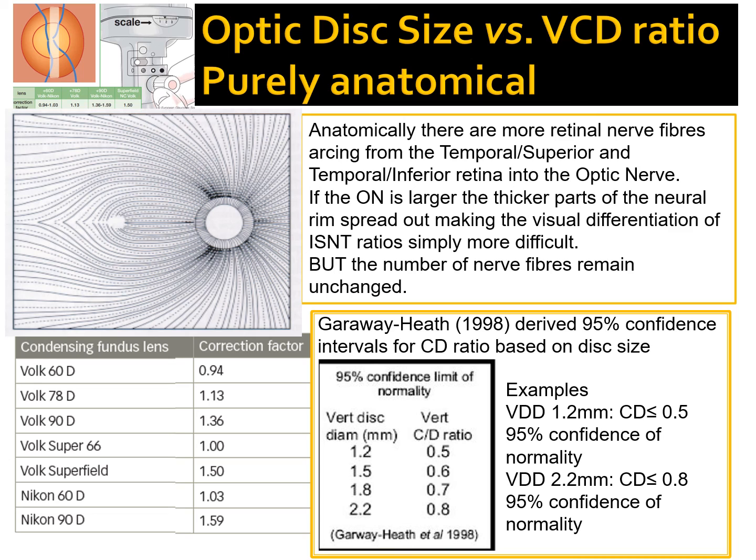But equally, if you measured a 2.2 millimeter disc, so long as the CD ratio was less than 0.8, it was 95% confident of normality. Now that's an academic process. I doubt very much anyone's going to look in the eye and start thinking about that ratio. As I'll come on to later, I think the neural rim is a far more important animal to look at than just thinking about this ratio. But, you know, he did the study and it's true.